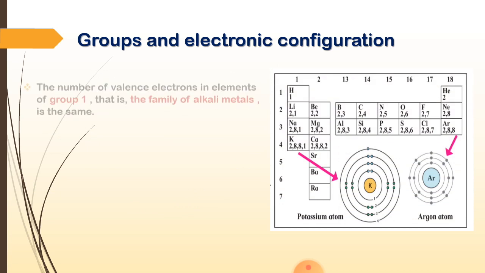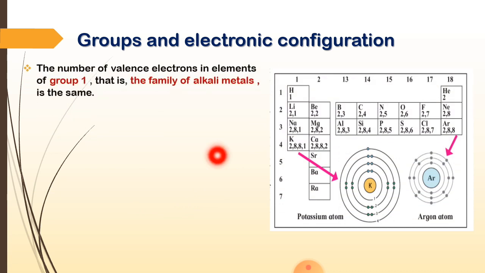Then, what are groups and electronic configuration? Let's see. The number of valence electrons in the elements of group 1, the family of alkali metals, is the same. You can see the valence electron, which means the outermost electron, is 1.